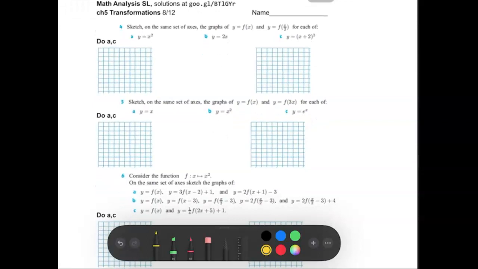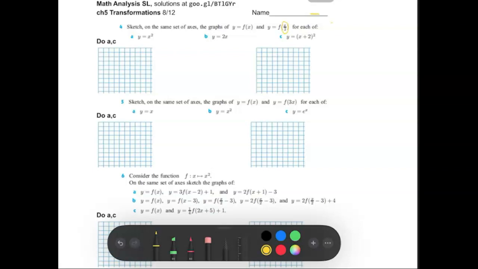Okay, so let's do page 8. So number 4, sketch on the same set of axes the graphs of y equals f of x and y equals f of x over 2. So remember, inside the parentheses, it's Bizaho world. So when you multiply by 1/2, it's a stretch, right?